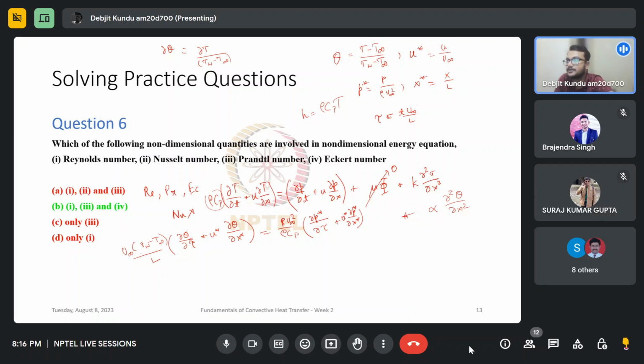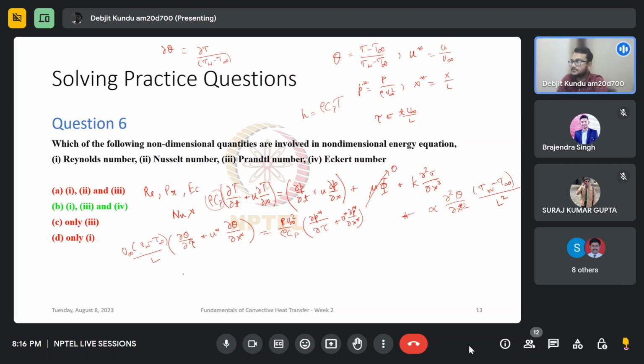There will be some other terms also coming out of it. So on the numerator we have dou square t star, and x star in below. So x would be L into x star. So this is x star squared. This will be L squared.